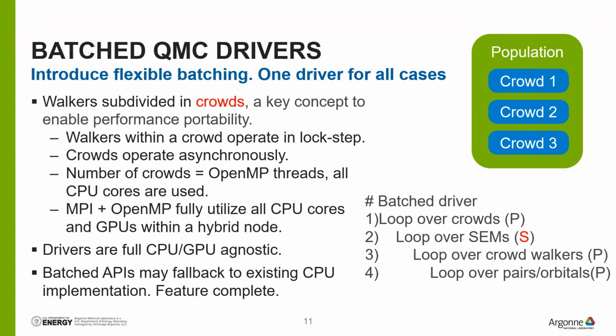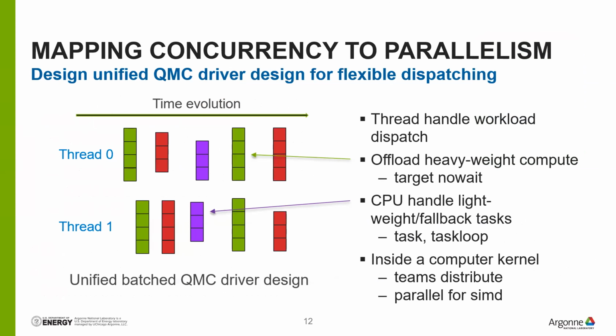Also, because the driver is agnostic to CPU and GPU, you can do fallbacks: if a feature is not implemented on the GPU, you put it back on the CPU. So we successfully changed the design of the code, making CPU/GPU portability possible, and performance can be optimized to the best based on the hardware.